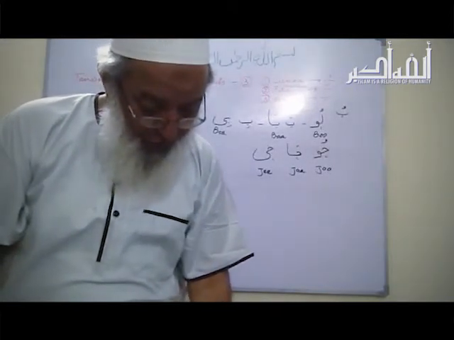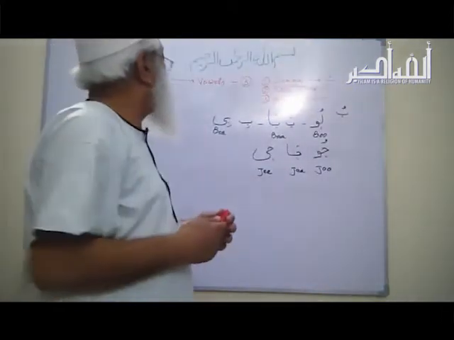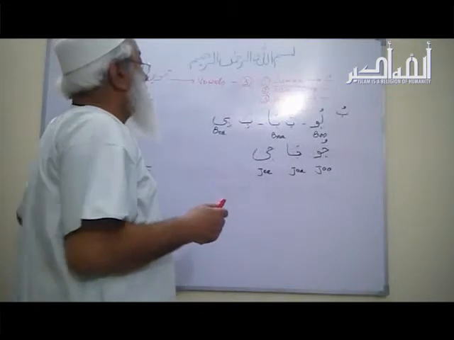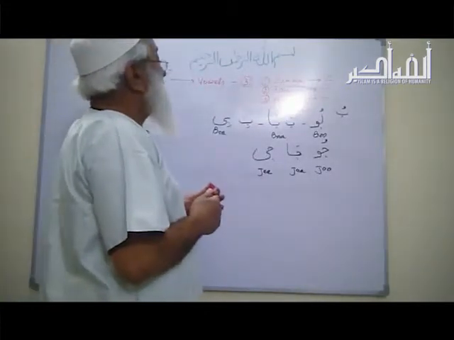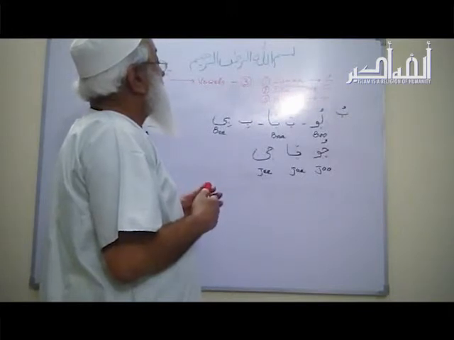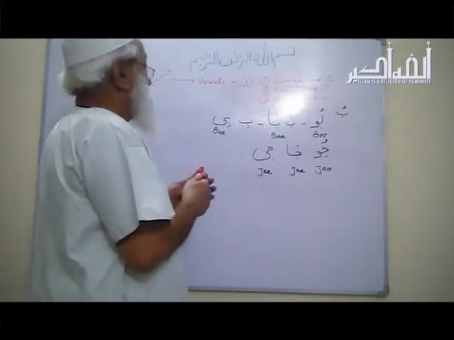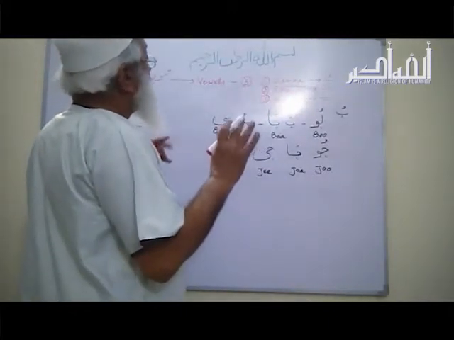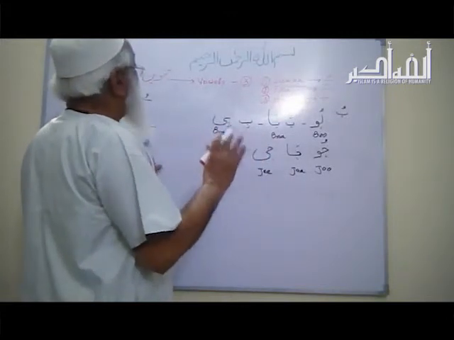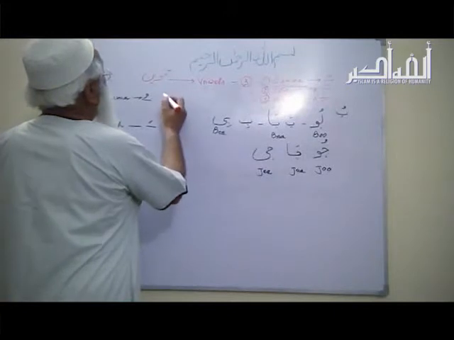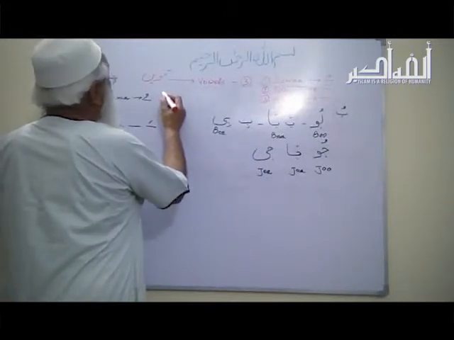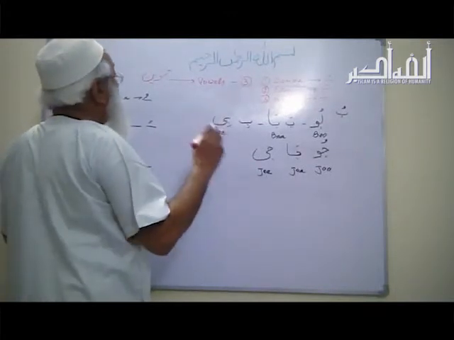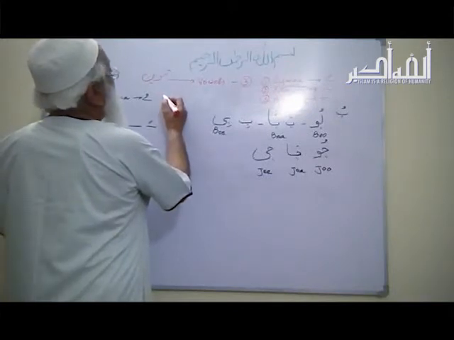Now one more thing I want to add here. It would be better to make you understand in the beginning that there is one more, but it is not called a tanween. It is not even a sign, but it is like the fourth one you can say, though it is not actually a vowel. Just to remember or note it down, I call it number 4.